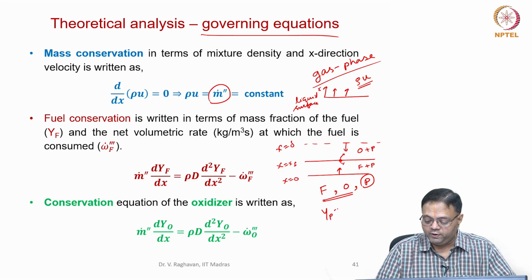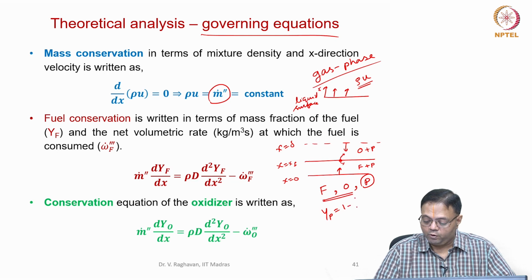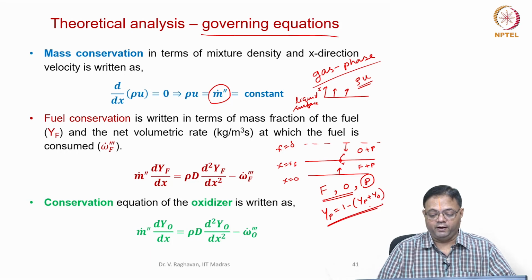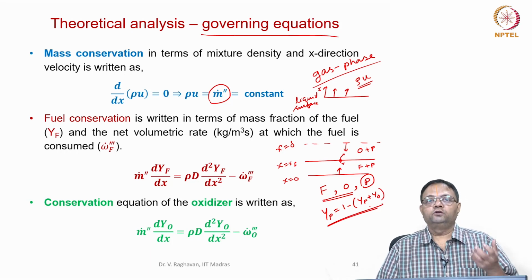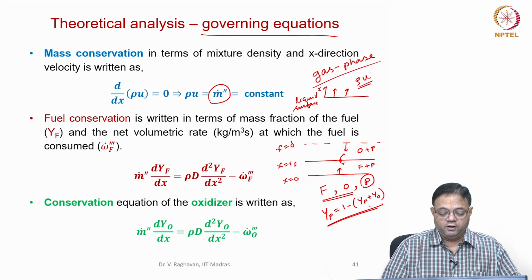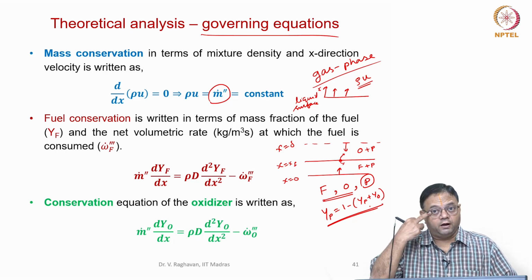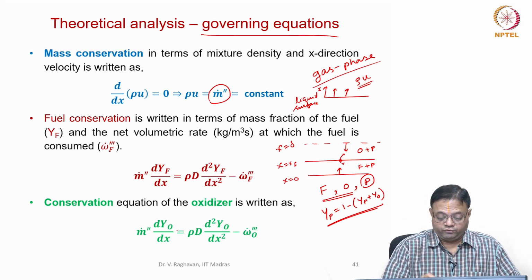Why? Because Yp will be equal to 1 minus (Yf plus Yo). So that can be applied. So we need 2 species conservation equations, how the fuel is conserved and how the oxygen or oxidizer is conserved.